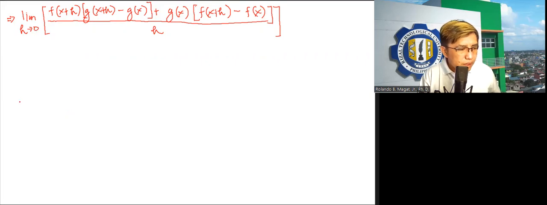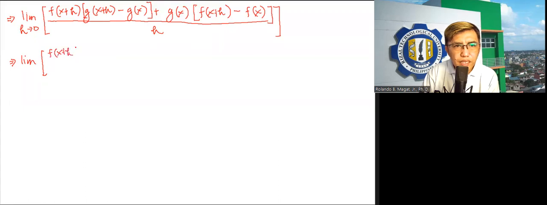And then, what we are going to do is separate. Rename them again. So we have the limit of f of x plus h times g of x plus h minus g of x all over h.